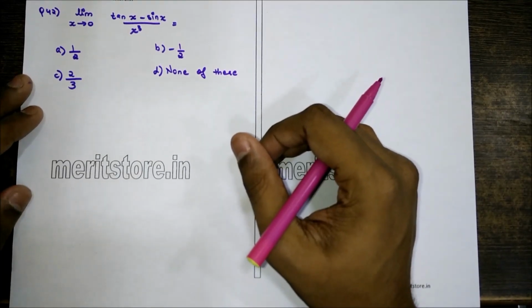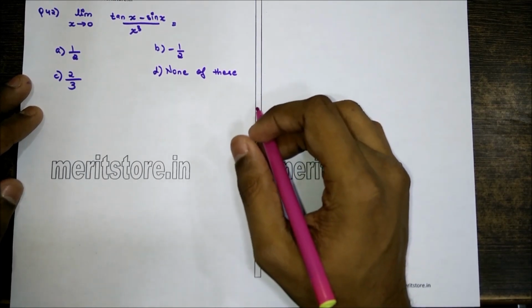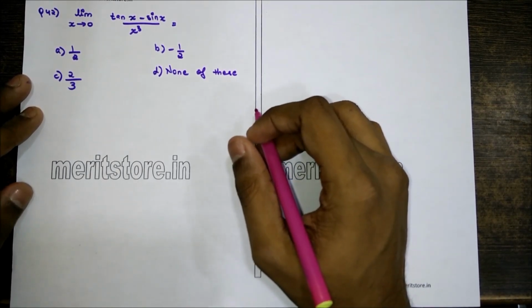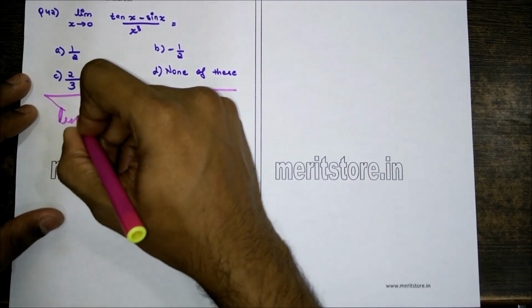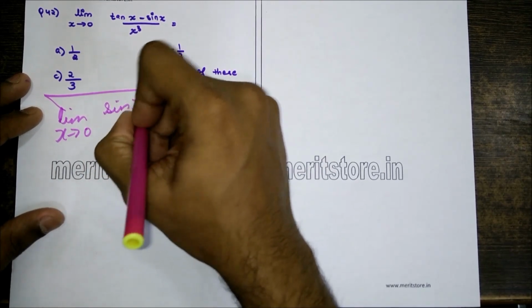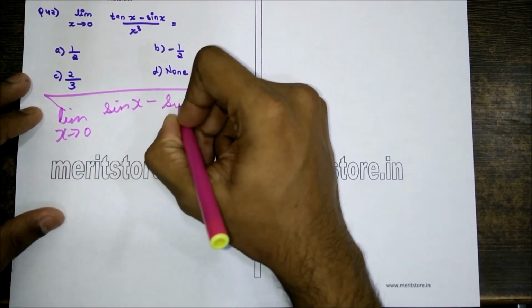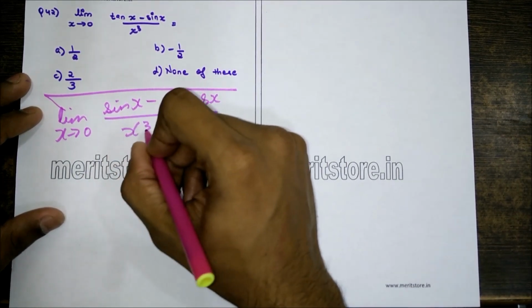Limit of x tends to 0 of (tan x minus sin x) upon x cube equals: a) 1 by 2, b) minus 1 by 2, c) 2 by 3, or d) none of these. So first we could write limit of x tends to 0 of (sin x minus sin x cos x) upon x cube cos x.